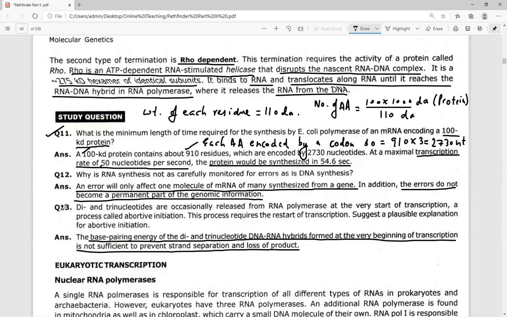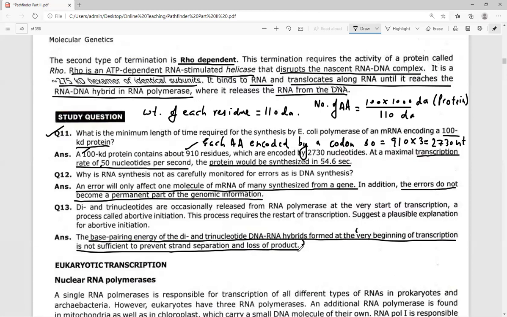Okay, so what has to be done? There is a process that takes place, abortive initiation, because the energy present between the di- and trinucleotides at the beginning of transcription is not sufficient to prevent strand separation and loss of product. At the very beginning of transcription, the energy is very low.